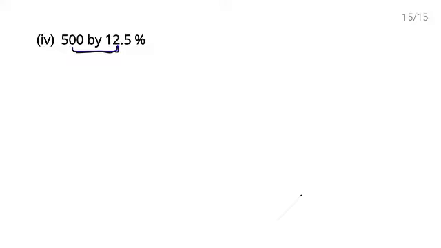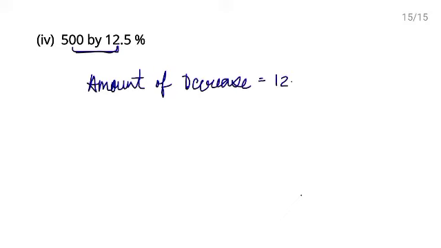First of all find amount of decrease, or you can say value of decrease, right? 12.5% of 500, so 12.5% means 12.5 upon 100 of means multiply 500.